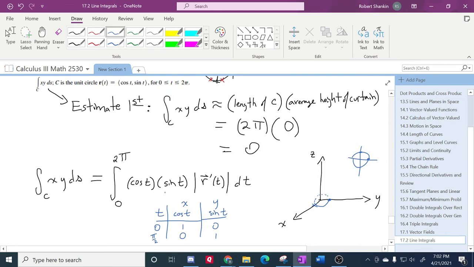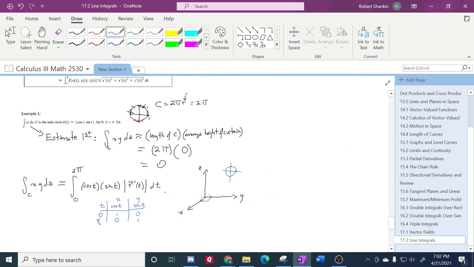So let's figure out what the r prime is over here. R of t is cosine t, sine t. R prime of t: derivative of cosine is negative sine of t, derivative of sine is cosine of t.